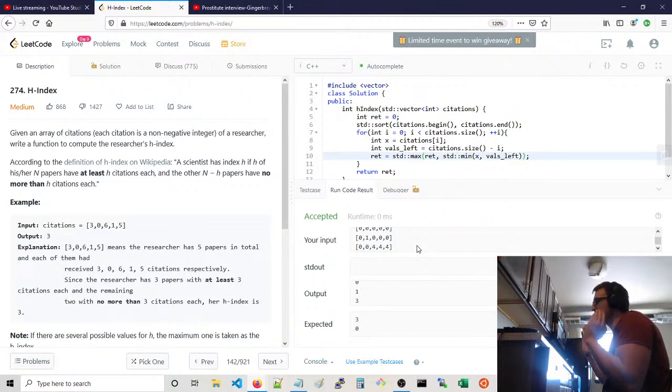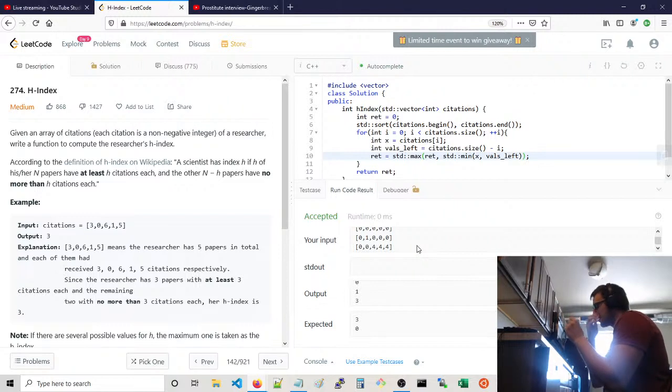So you're actually probably done right there. That's if the values left is smaller than the number you're looking at. If the number you're looking at is smaller than the number of values left, well then you have enough.